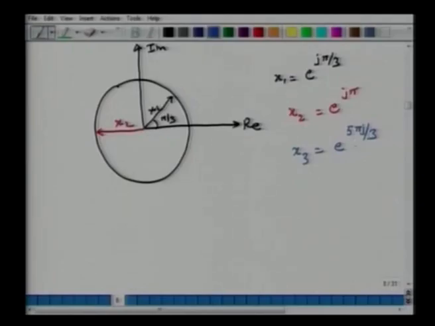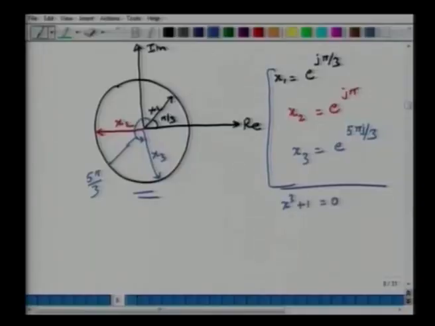So 5 pi j over 3 is here. This whole angle is 5 pi over 3. So this is my x3, and all other solutions, because this will have infinite solutions, will be basically repetitions. My x4 will be same as x1, x5 will be same as x2, x6 will be same as x3, and so on and so forth. So I have a graphical representation of 3 unique solutions for the equation x cube plus 1 equals 0.